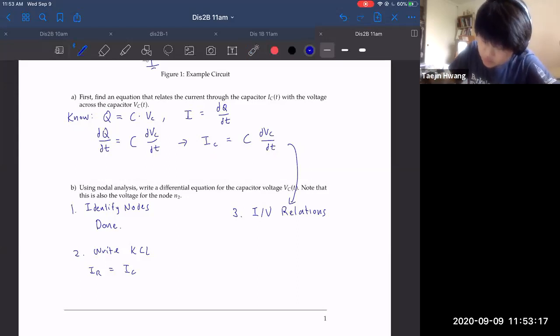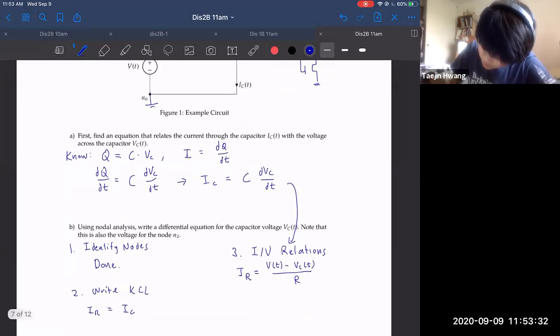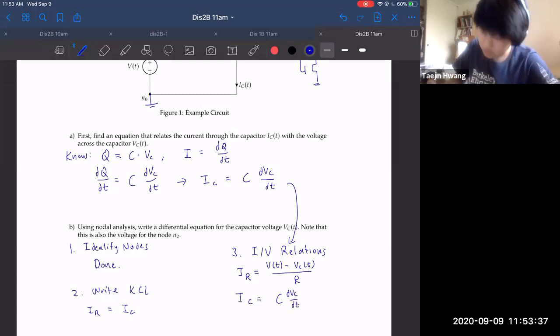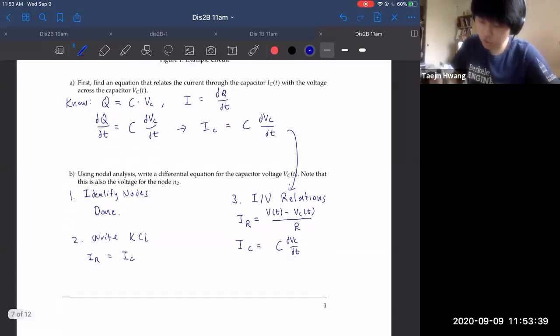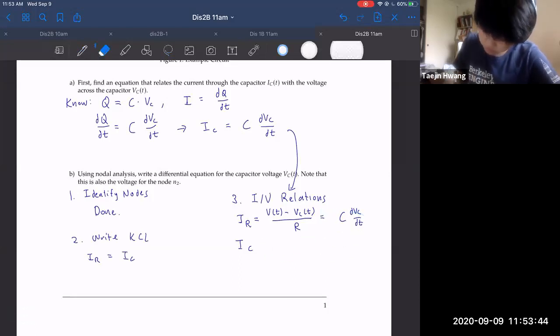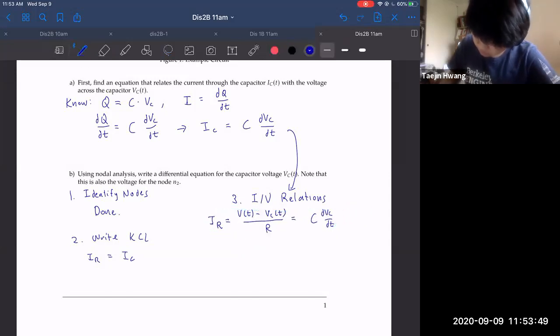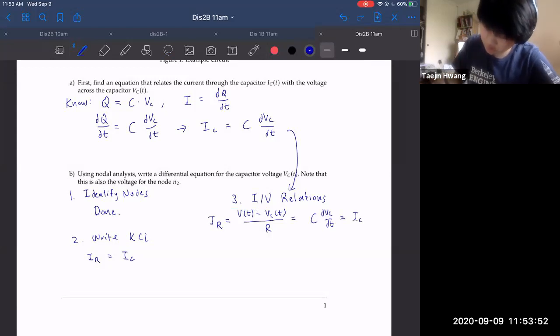If we substitute for IR, we know that IR is equal to, from Ohm's law, V of t minus Vc of t all over R. And we know IC is equal to C dVc/dt. So we can just equate the two. And this really tells us our differential equation.